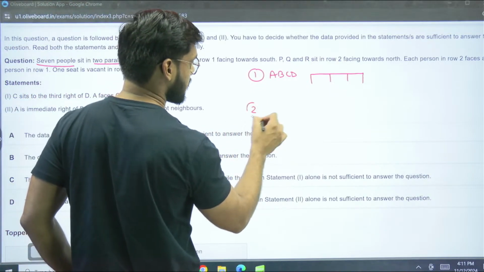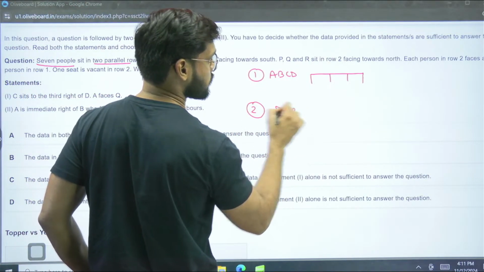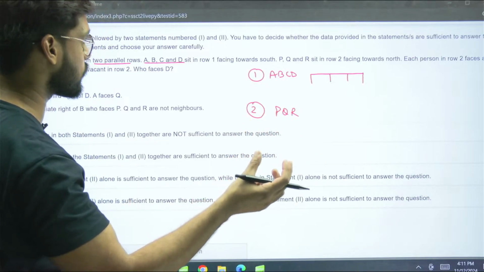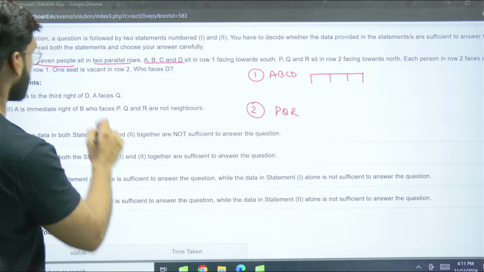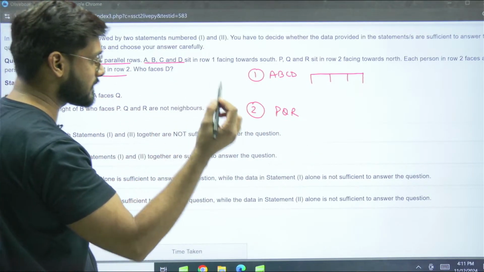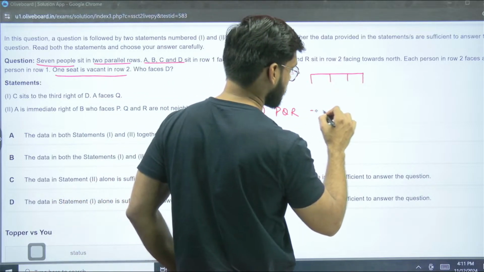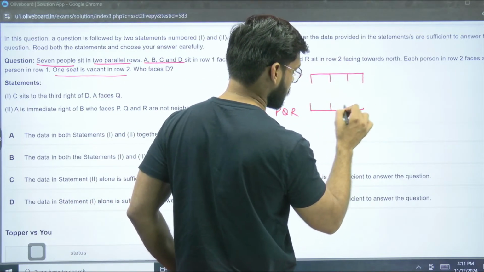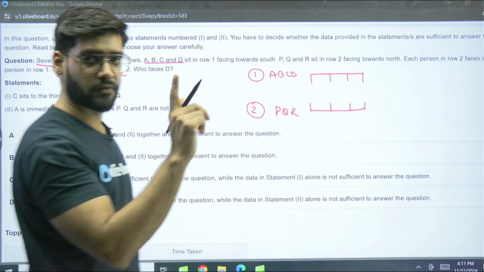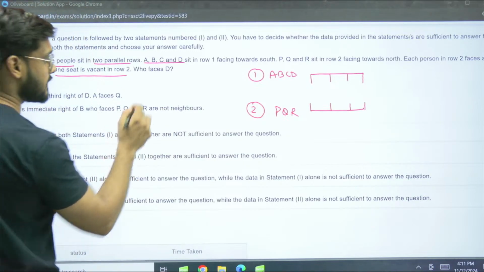In row number 2 there will be 3 persons sitting, facing towards north. Each person in row 2 faces a person in row 1. One seat is vacant in row 2, so 4 seats will be there and one vacant seat in row number 2. The question is: who faces D?